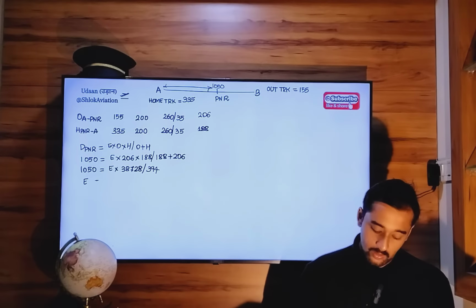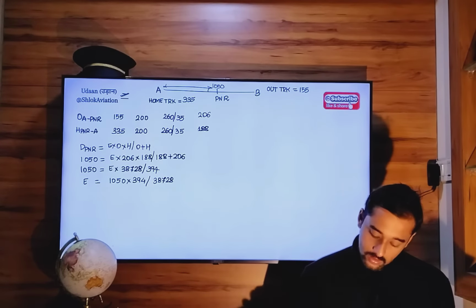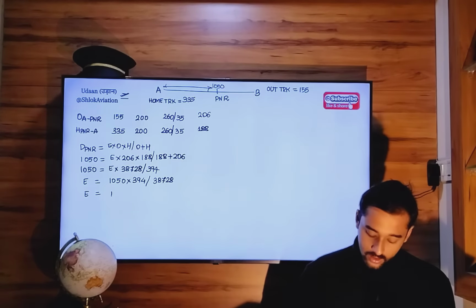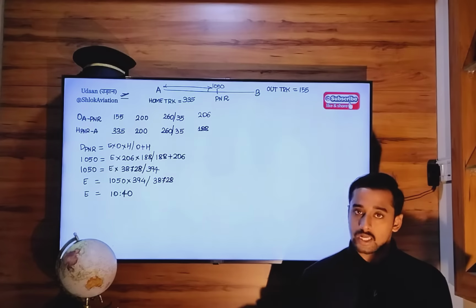So endurance will be 1050 into 394 divided by 38,728. That is equal to 10 hours 40 minutes.